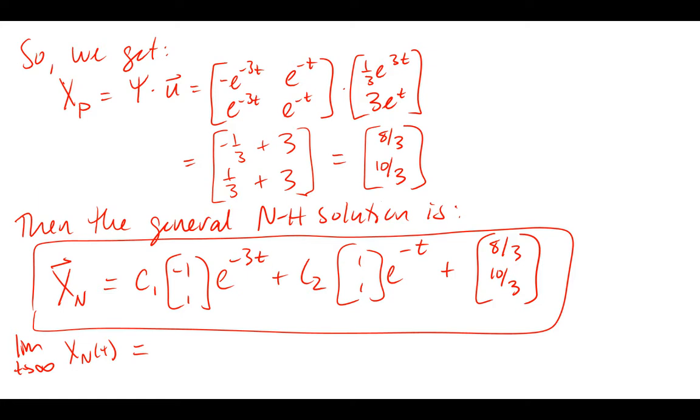Now, you could do a graph of this, and this one actually wouldn't be that bad to graph, because if I cover up the 8 thirds, 10 thirds for a second, so pretend that's not there, the homogeneous one, this is one we did last week, I guess it would have been. If I graph this, this is one where I have 2 real solutions, 2 real eigenvalues, -3 and -1.